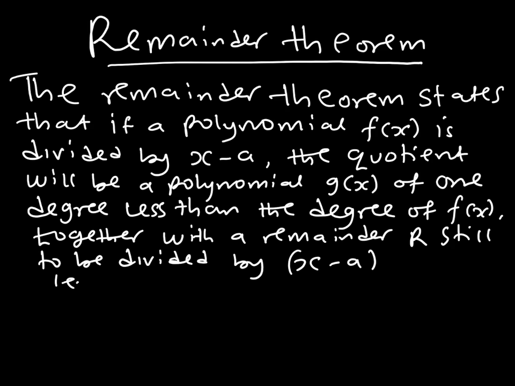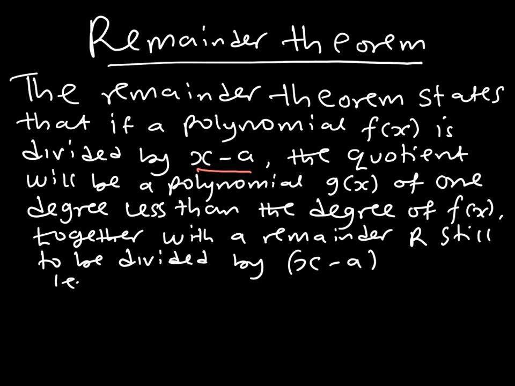The remainder theorem states that if you get a polynomial f of x and divide that polynomial by x minus a, then you are going to get a quotient which is still a polynomial, but it will be degree 1 less than f of x. And there will be a remainder r still to be divided by x minus a.